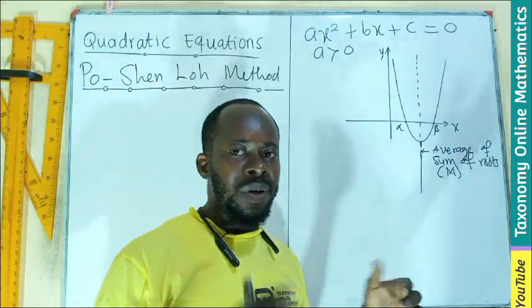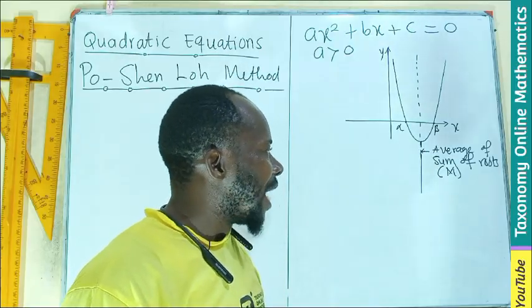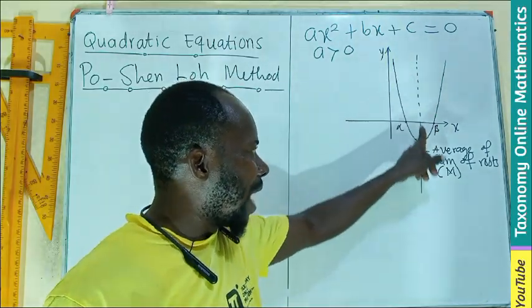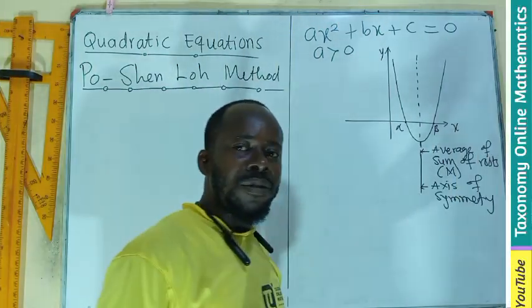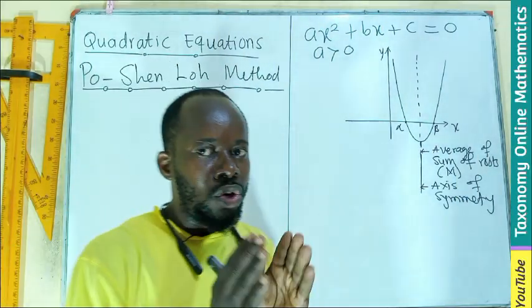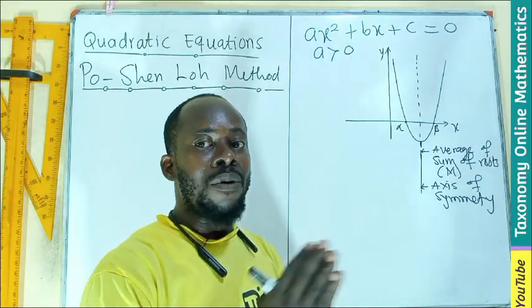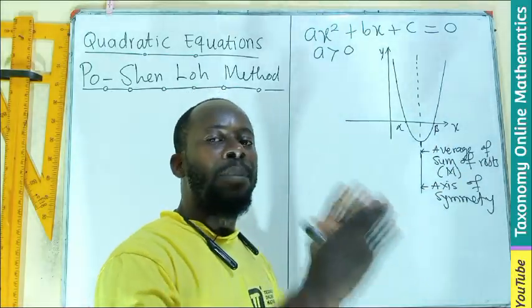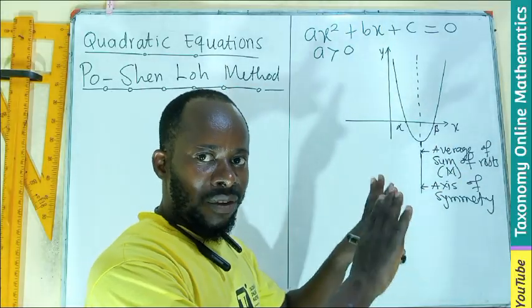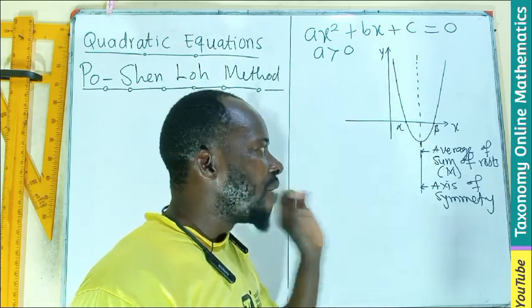I'm going to use M representing the mean, since I don't want to use A. We can also call the same line the line of symmetry or the axis of symmetry. Whatever information you know about the axis of symmetry is the same information we are going to connote for the average of the sum of roots. But let's hold on to the line of symmetry and start with the average.